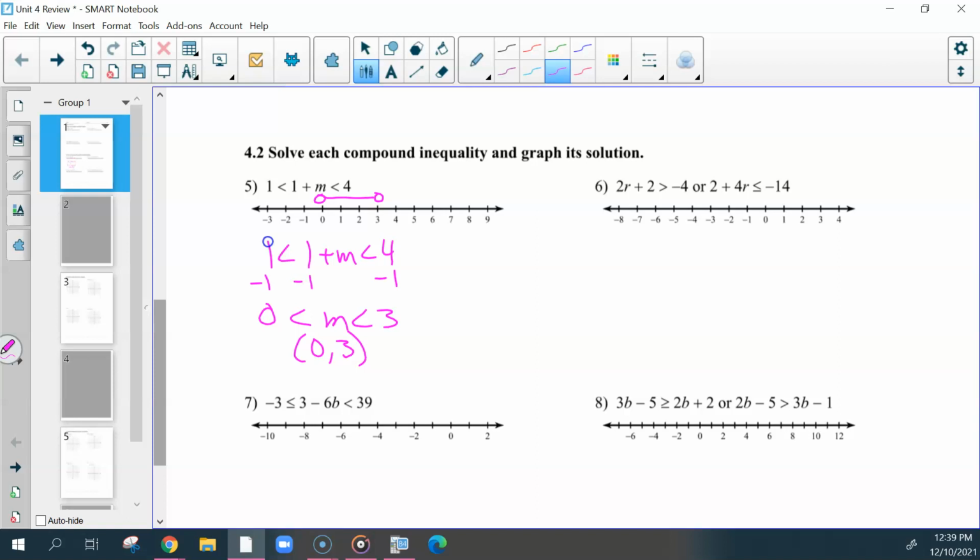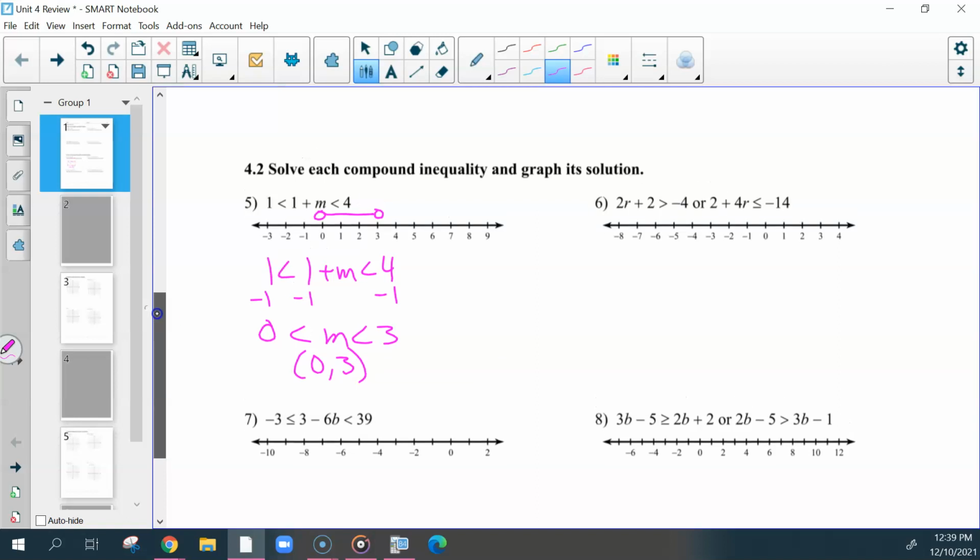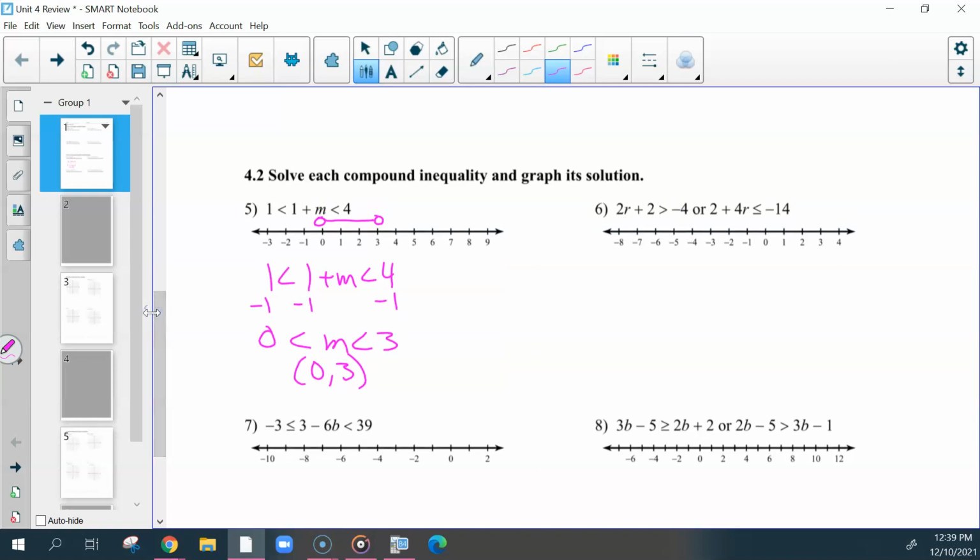6. With 6, this is an or inequality, so you have two separate inequalities that you have to solve separately. So take one, solve it, and then solve the other one.